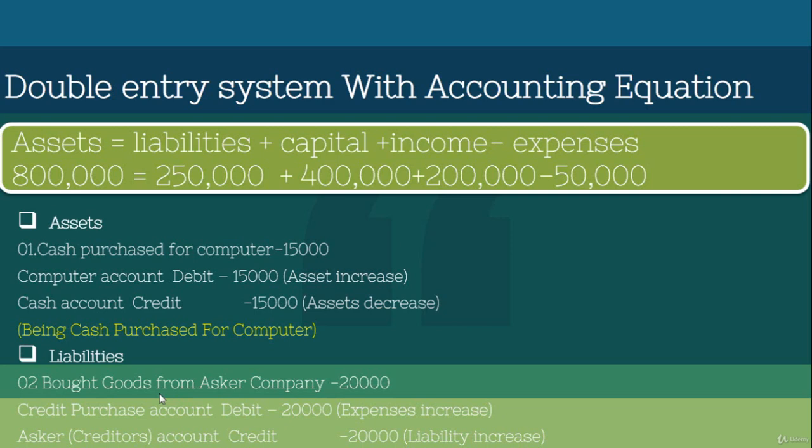The goods we purchase mean purchases increase, which means expenses increase. Expenses increase means debit and liabilities increase means credit. So credit purchase account debit 20,000 and Asker creditors account credit 20,000. The narration is goods from Asker company.